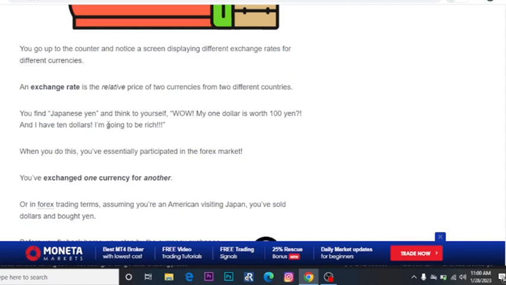Same amount but different currencies. In USD you have $10, but in Japanese yen you have 1,000 yen, which makes the dollar more valuable than the Japanese yen.